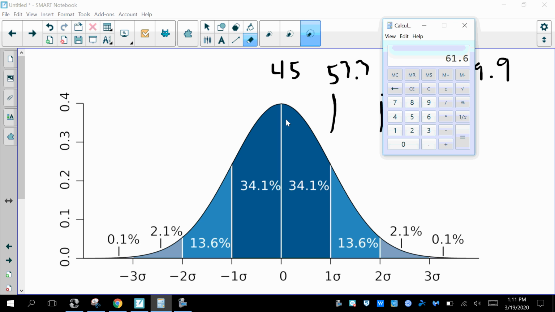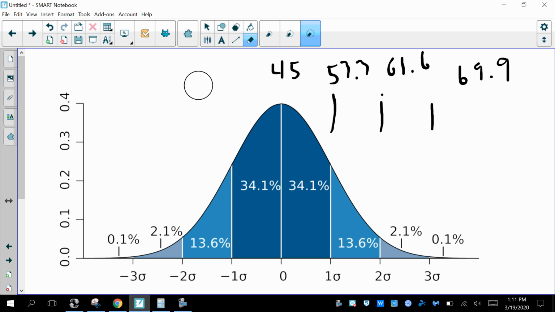All right. Now, going down the other way, all you've got to do is take your mean and subtract 8.3 going the other way. 45 minus 8.3 is going to be 36.7.